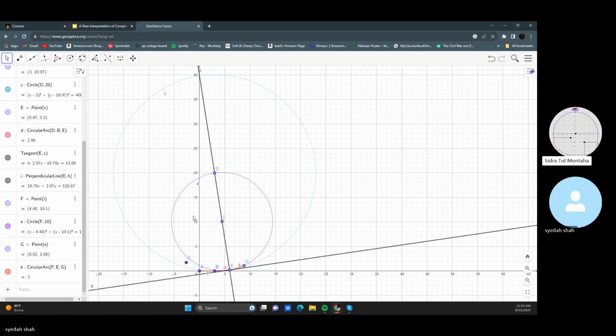So our first circle was 20, the radius was 20, and our line segment was 3. So, you can open the spreadsheet with it.